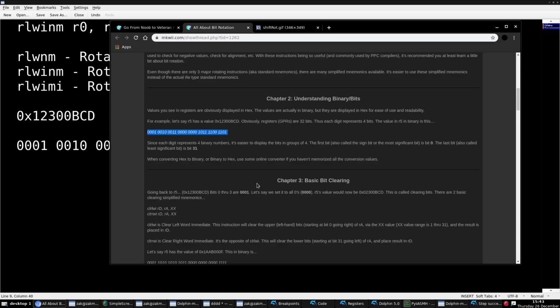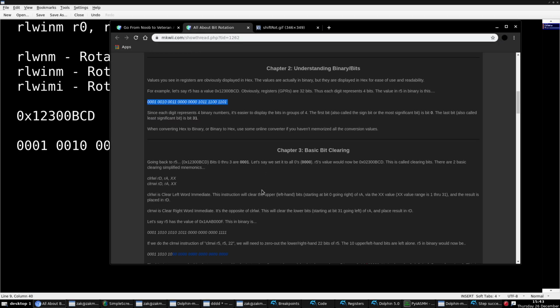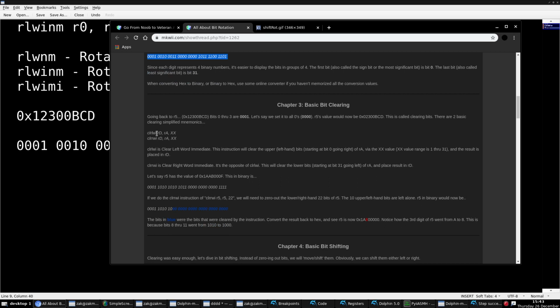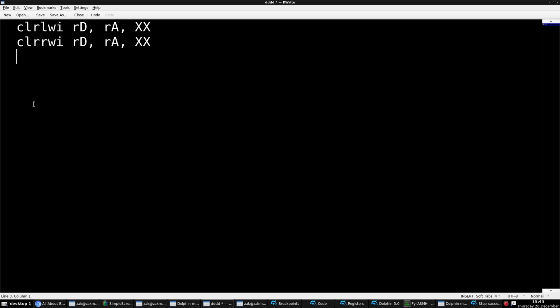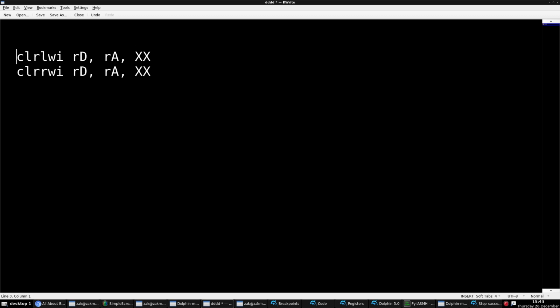Now that you understand some of the terms and how you convert hex to binary, we'll cover basic clearing instructions. We've gone over this first one before in a previous episode, just briefly. Clear left word immediate clears all the left-hand bits. And clear right word immediate clears all the right-hand bits.